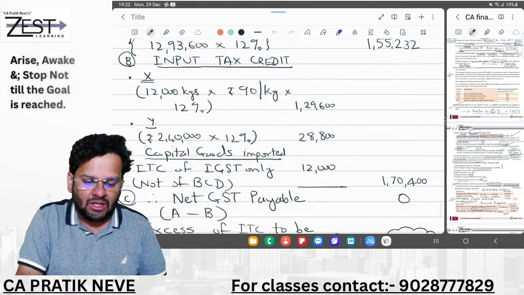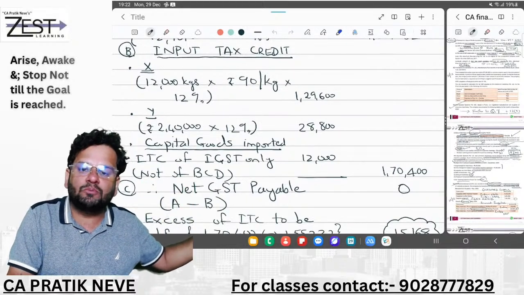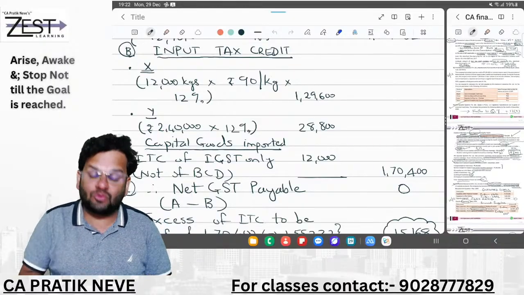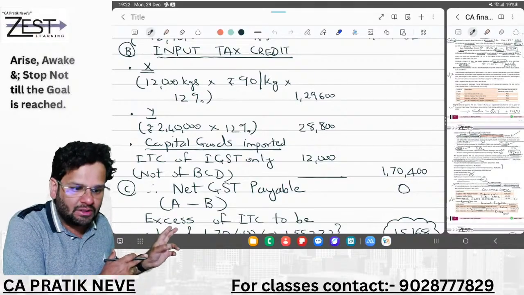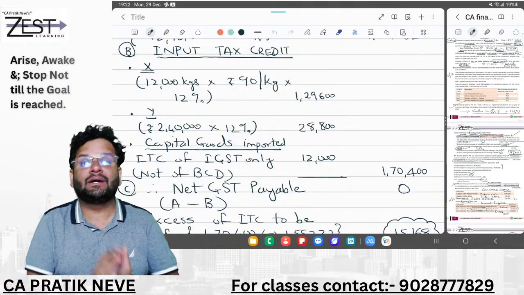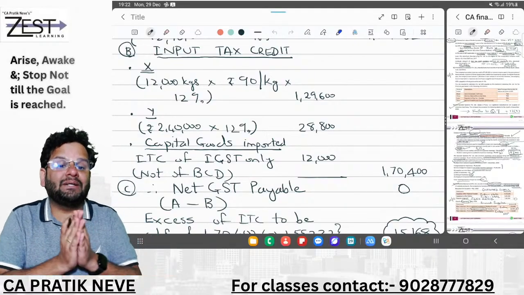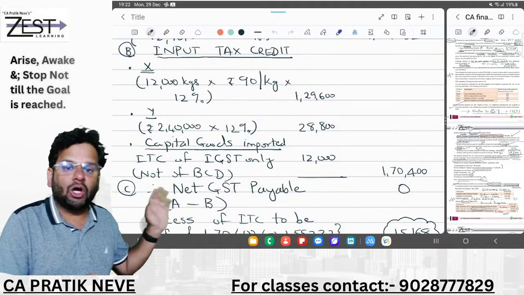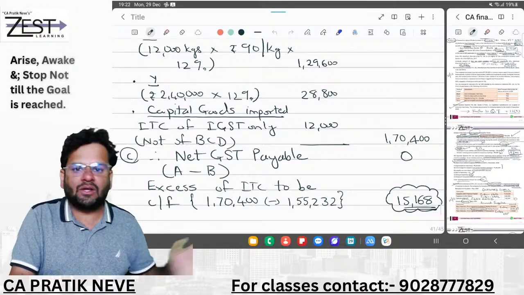Firstly, on input X, 12,000 kgs into 90 rupees per kg into 12%, 1,29,600. For Y, 2,40,000 into 12%, that is 28,800. And lastly, for capital goods, you will take it on IGST only, that is rupees 12,000.